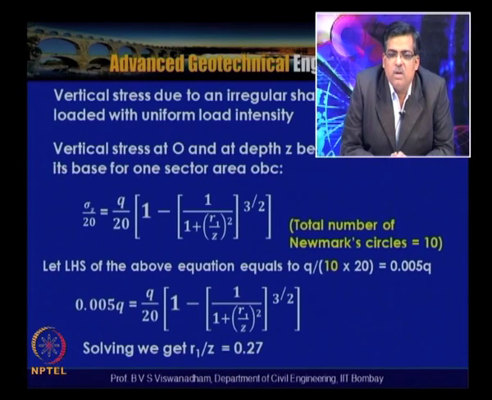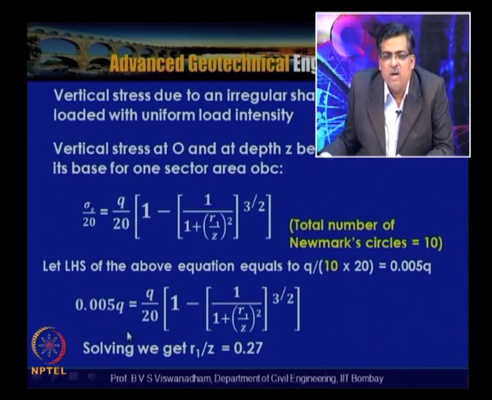Now, the Newmark circles are divided into 10, fixed arbitrarily, so Q by 10 into 20. So the influence factor is 0.005 Q. This is the influence factor which was considered.